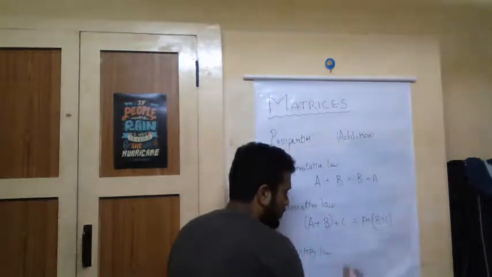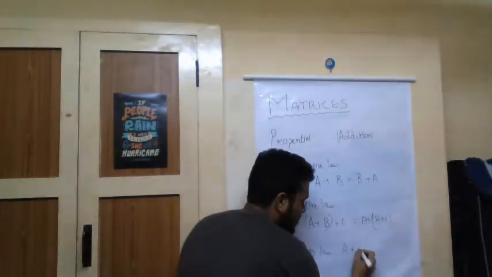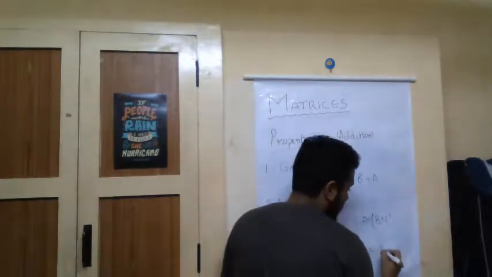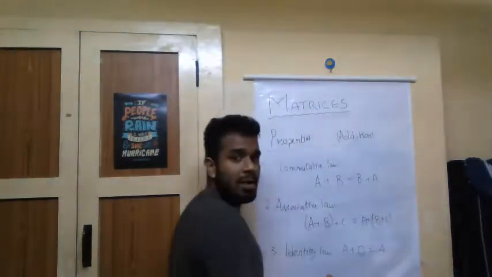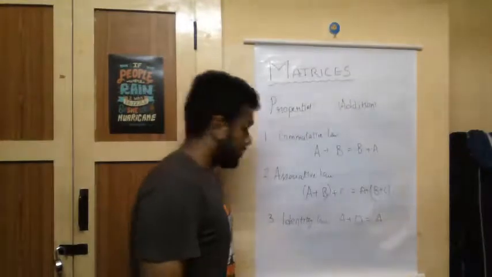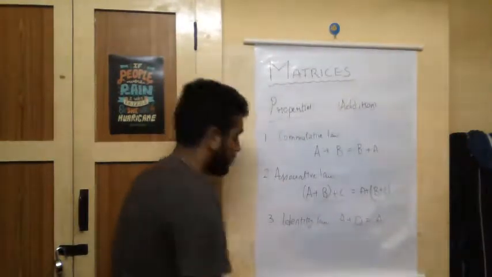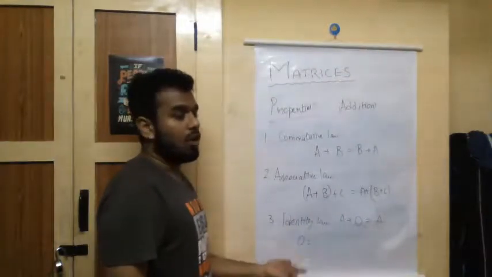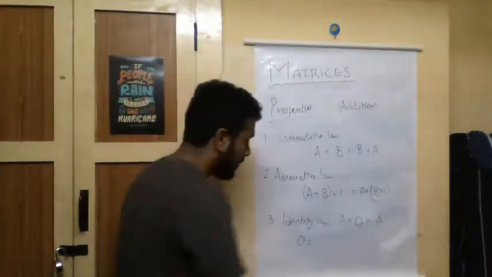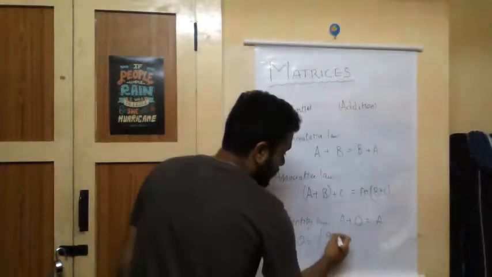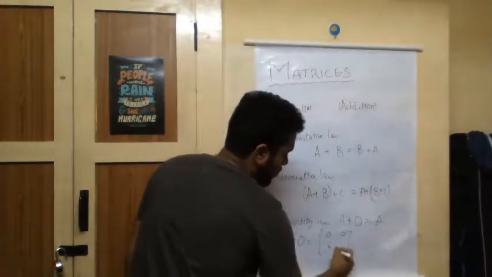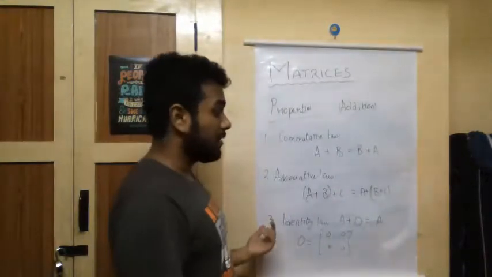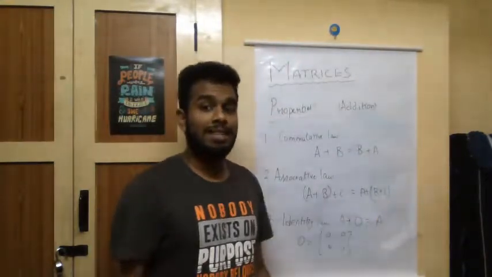For example, A plus O, which is the zero matrix, equals A. A zero matrix is a matrix full of zeros, and it assumes the dimension, or order, of A. If A is a 2 by 2 matrix, then the zero matrix would be a 2 by 2 matrix of all zeros. If we add that to A, we just get A. So this states the existence of an additive identity.